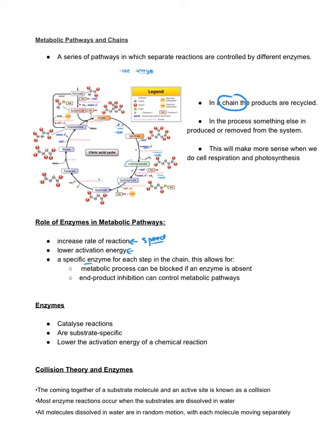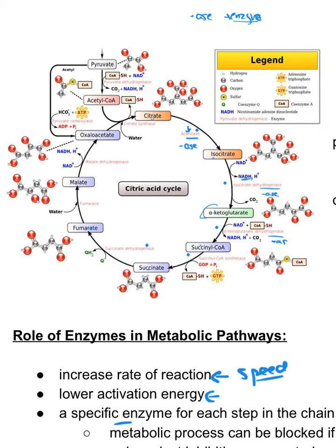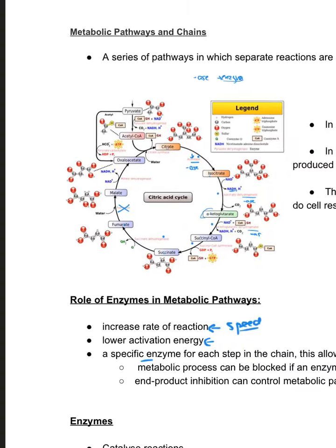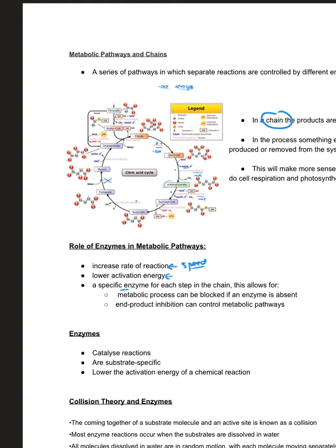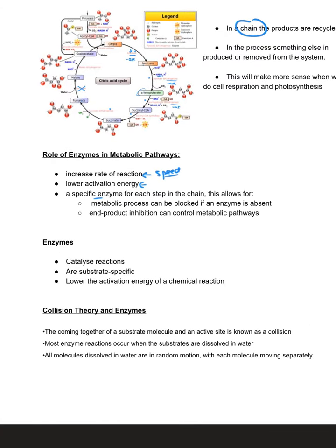So for example, if I zoomed in on here, let's say we have enough maltase, we don't need any more. We can deactivate this enzyme and we won't make any more. So having enzymes at each step gives your body and your cells a lot more control over what they can do.